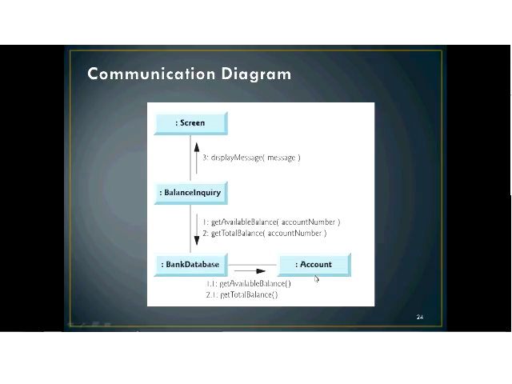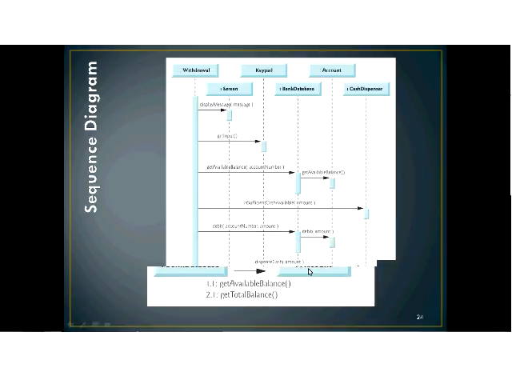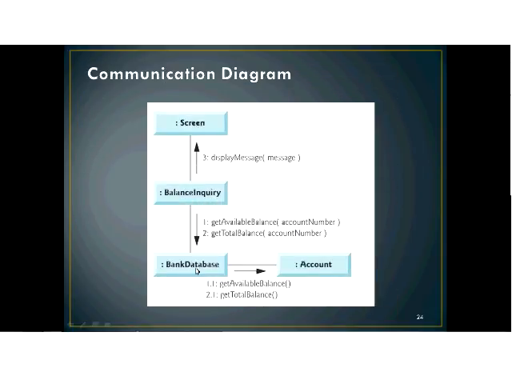The bank database then passes that same get total balance to the account class, and the account class then returns that total balance to balance inquiry. Once that occurs, we can run step 3 and display a message on the screen using the screen class. So the communication diagram works well in showing us which messages are used and in what sequence.